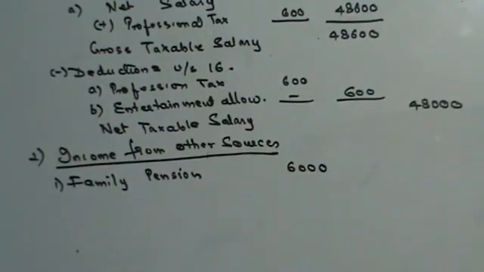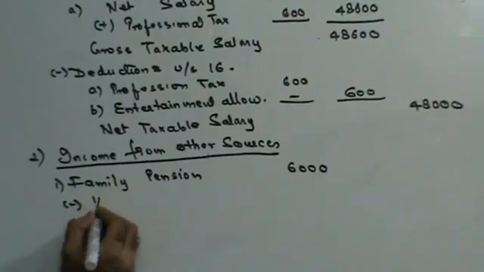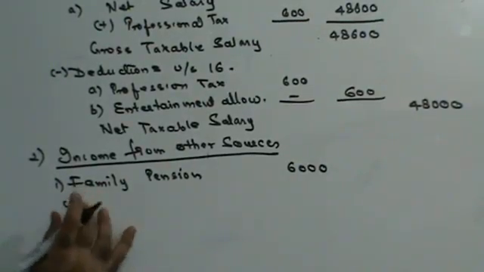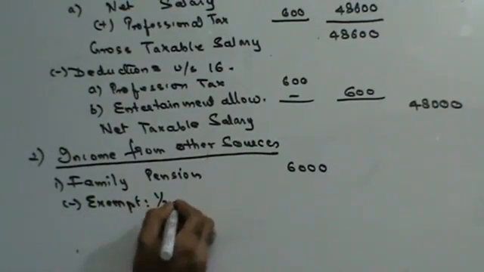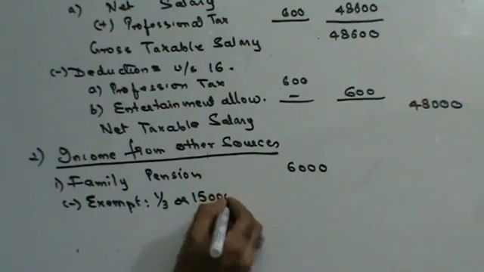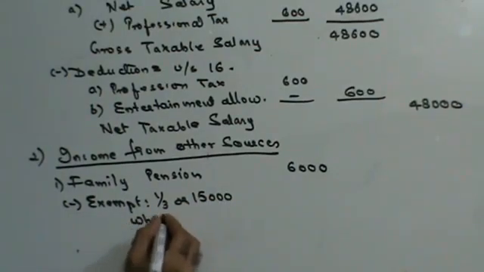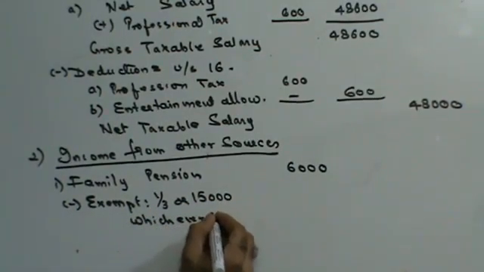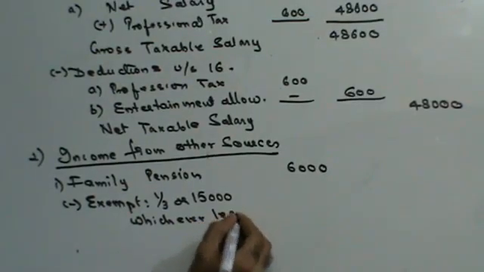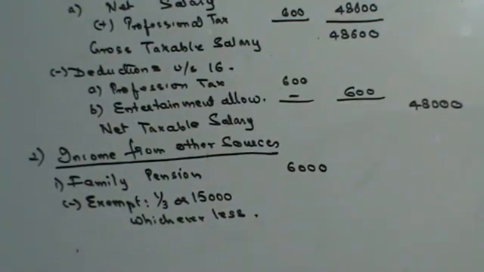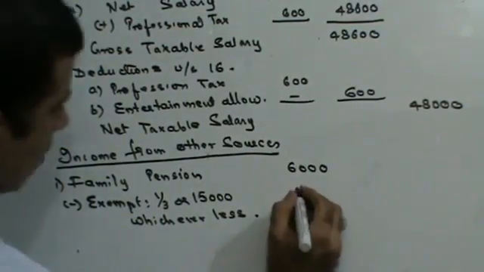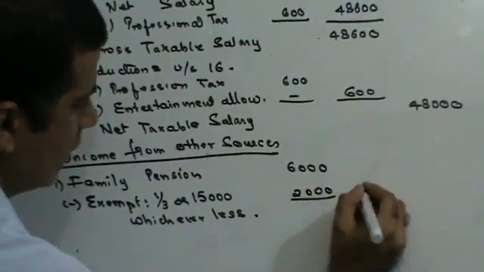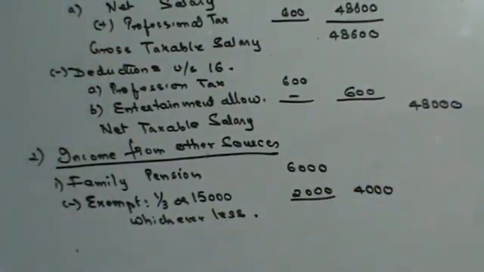In the case of family pension, exempt is 1/3 or 15,000, whichever is less. So 1/3 of 6,000 comes to 2,000. Comparing 2,000 with 15,000, 2,000 is less, so my exempt will be 2,000. So 4,000 becomes this.